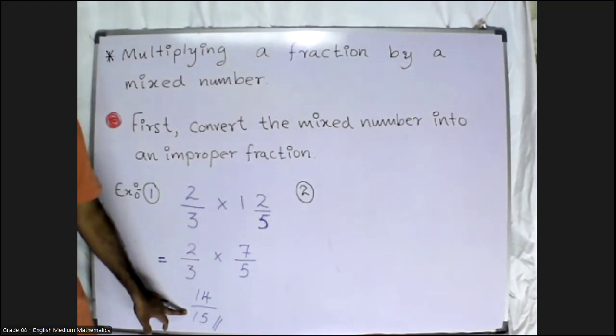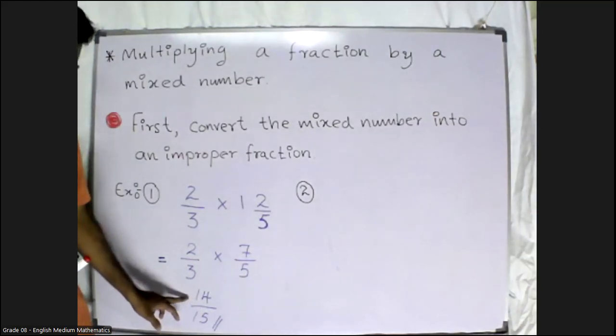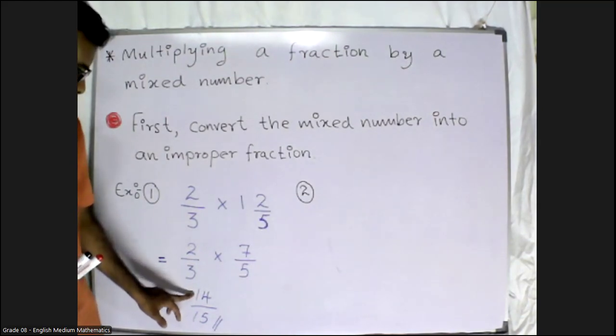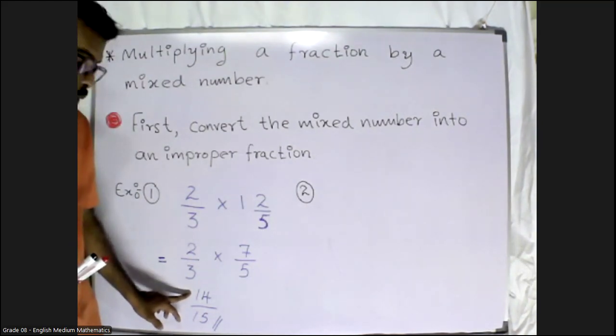After 14 divided by 15, we can get 1 over 15, no? How does it become 1 over 15? Here you have 14 over 15. This is a proper fraction.